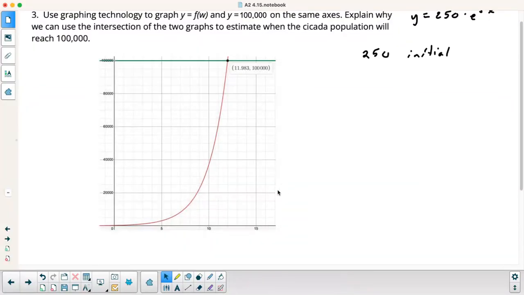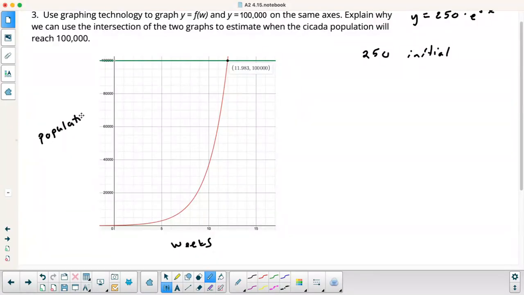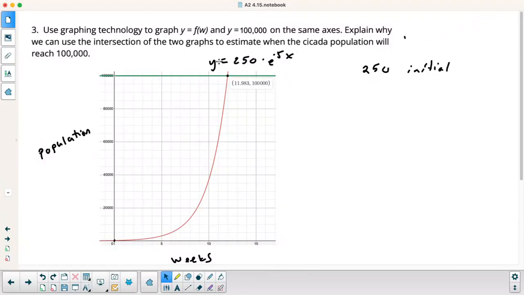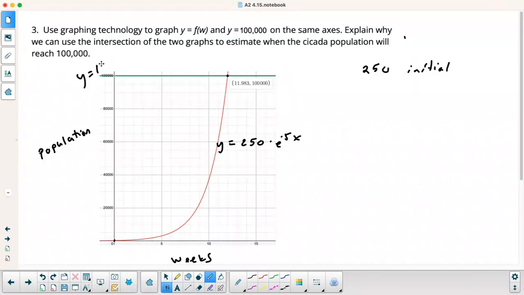So x is weeks, and this is your population. So you start down here at 250, almost looks like 0, it's so spread out. Here's y equals 100,000. Here's my graph. That's the red. And this is y equals 100,000.